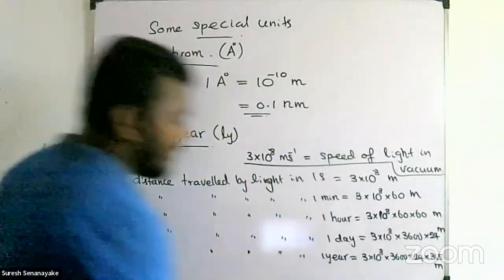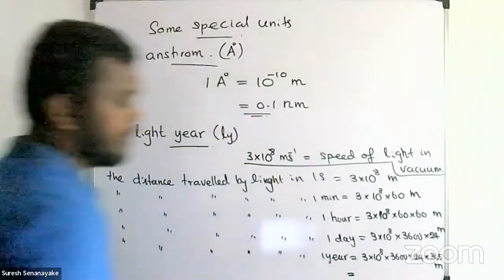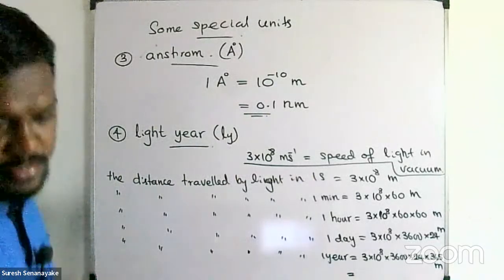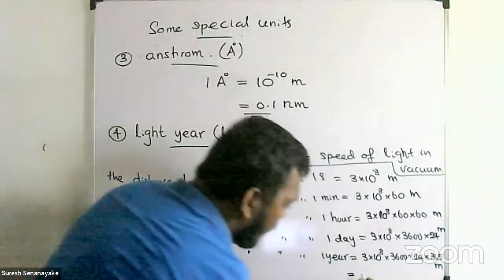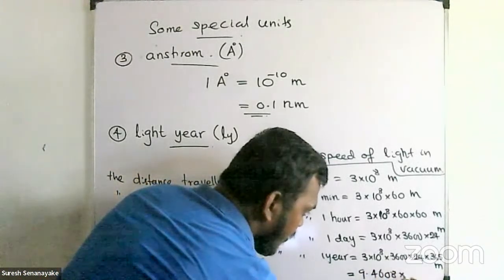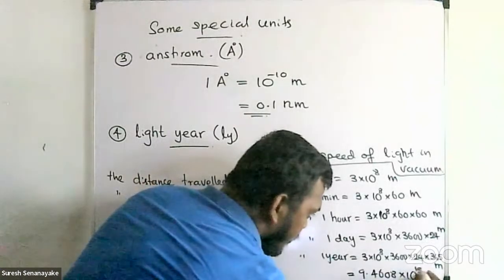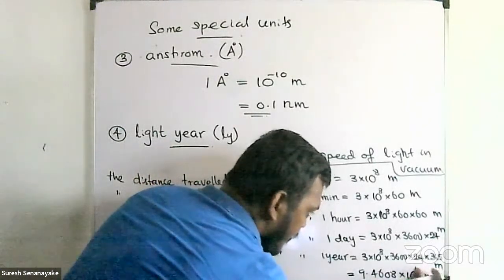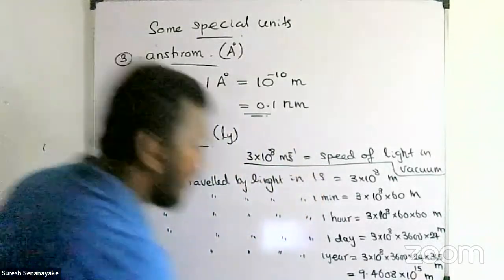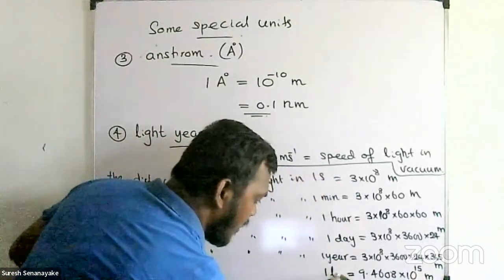After simplifying this, you can take a calculator, or you can simplify it yourself. That is about 9.4608 into 10 to the 15 meters. This much distance is equal to 1 light year.